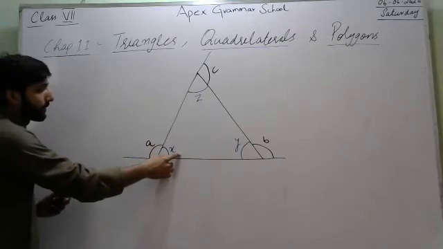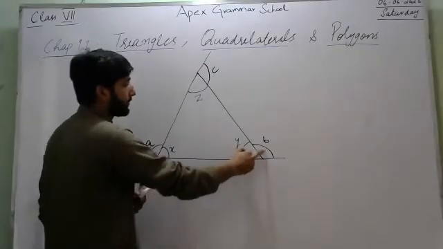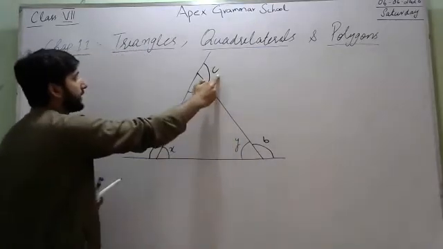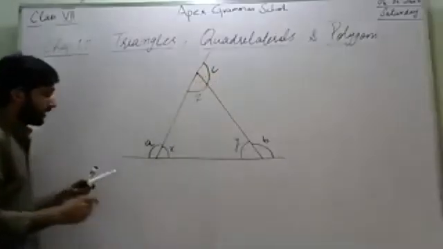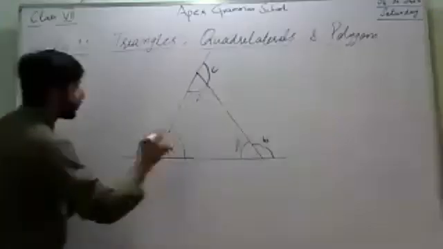For X, the exterior angle is A. For Y, the exterior angle is B. And for Z, the exterior angle is C. Now, the sum of an interior angle and its exterior angle equals 180 degrees.